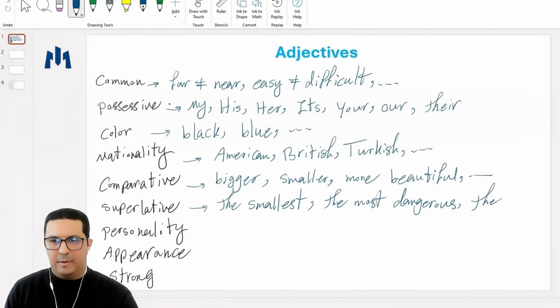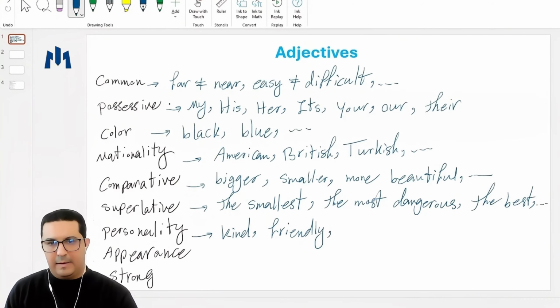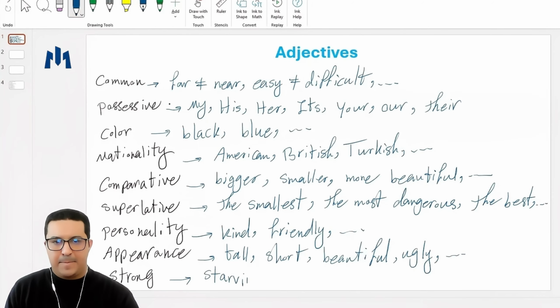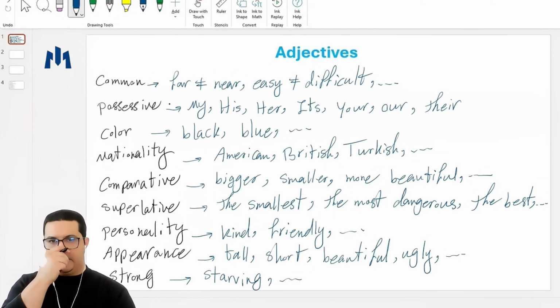The best, and these words. Personality means kind, friendly, and like that. Appearance means tall, short. For example, beautiful, ugly, and like these words. Strong adjectives, like for example, starving. Starving means very hungry. Okay.